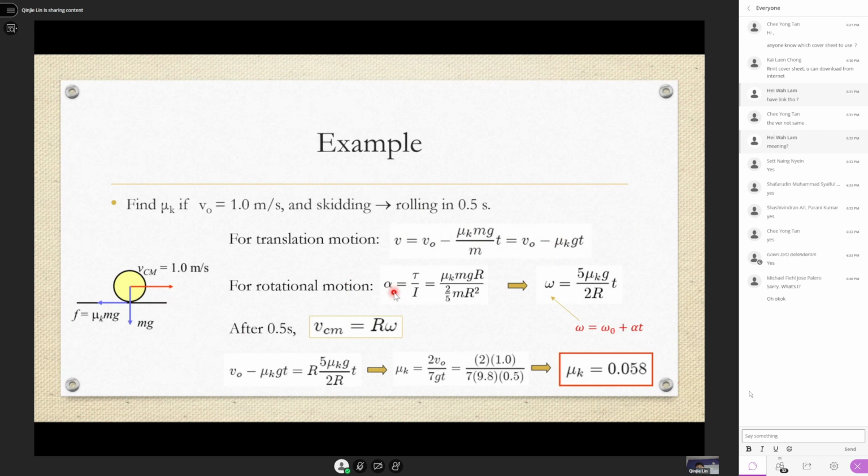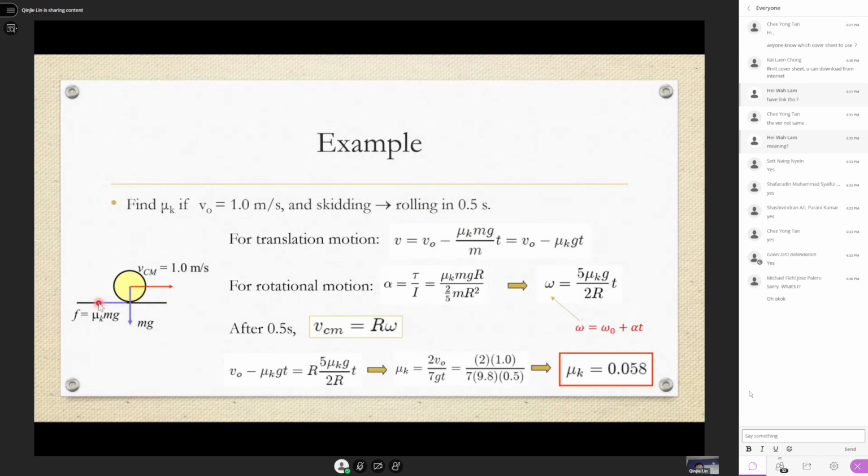For rotation, alpha equals tau over I. This is your torque, this is your moment of inertia. So what is the torque involved for the rotation? It is your force times perpendicular distance.